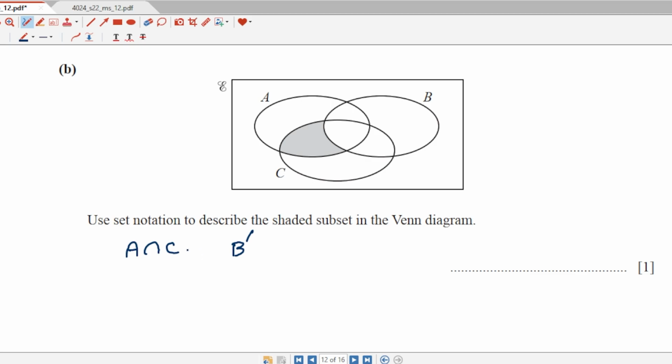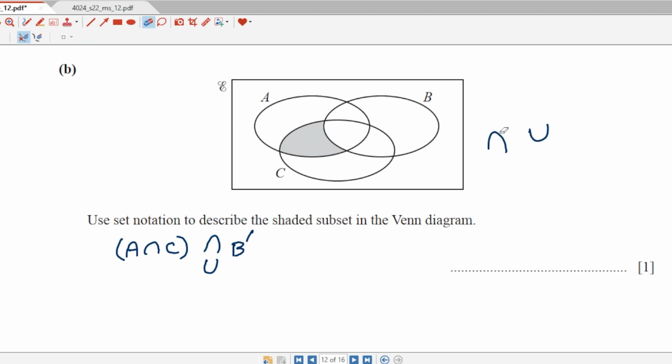Now we need to join these two answers, and decide whether there should be intersection or union between them. The rule is, if something is excluded, the answer should be intersection. But if there is further addition of shaded area, then we use union.